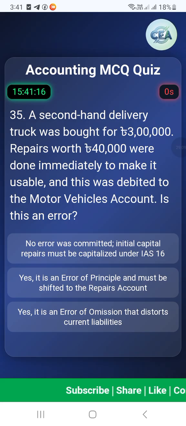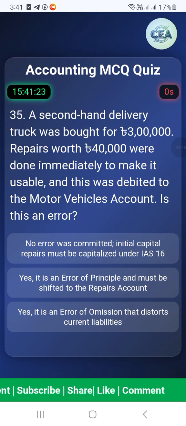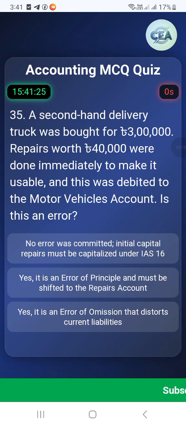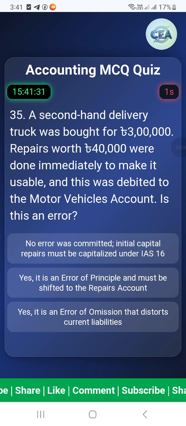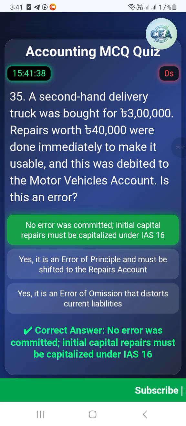Yes, it is an error of principle and must be shifted to the repairs account. Option 3. Yes, it is an error of omission that distorts current liabilities. Correct answer is no error was committed. Initial capital repairs must be capitalized under IAS 16.